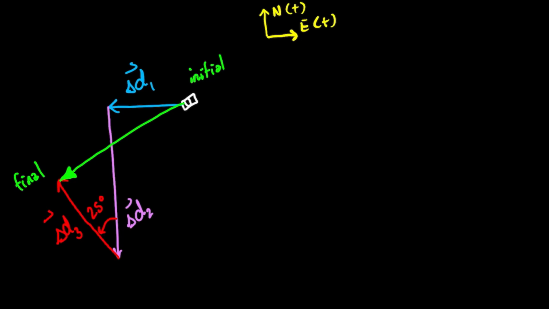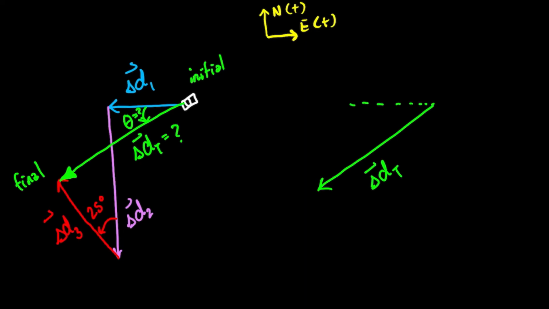In order to determine this total displacement, we can call it delta Dt, and that's our unknown. But because it is a vector quantity, we also need to find the angle. In this case, we could start from the horizontal, and we're going to call this theta. We don't know that angle. So we can redraw this total displacement vector.